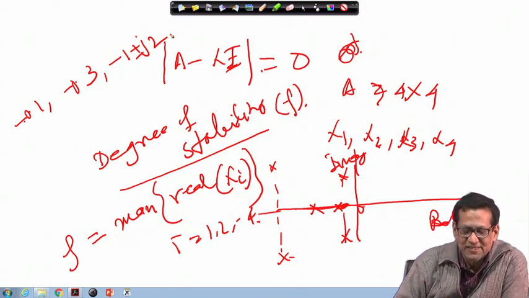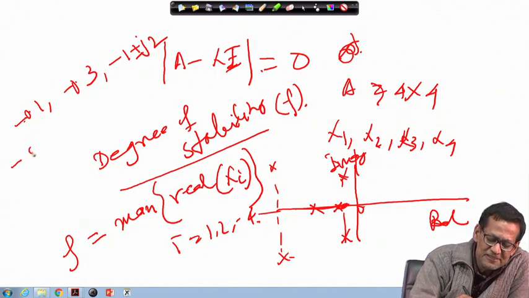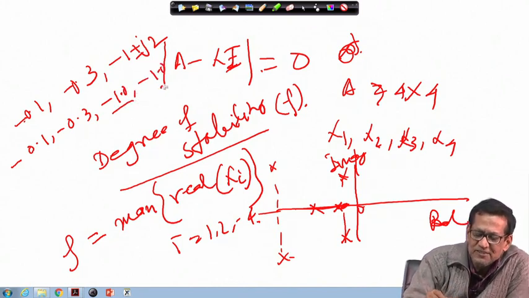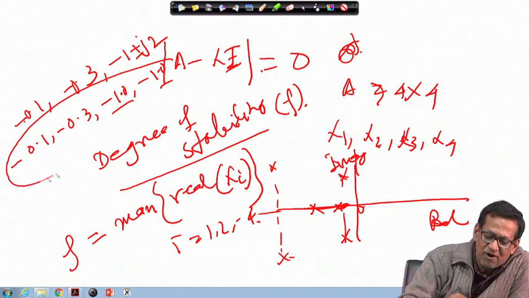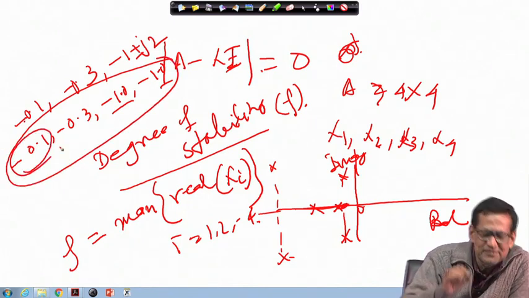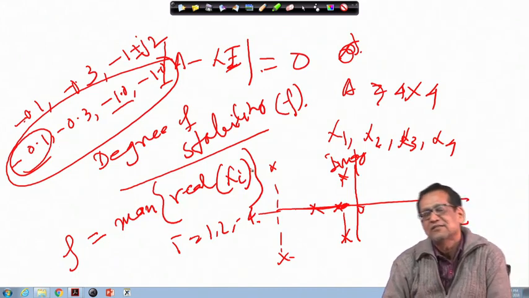If you take the real part of all these 4 eigenvalues, it is minus 0.1, minus 0.3, minus 1.0, minus 1.0, because of the complex conjugate pair. All of these are negative, so you have to take the maximum. So this is the maximum, right.